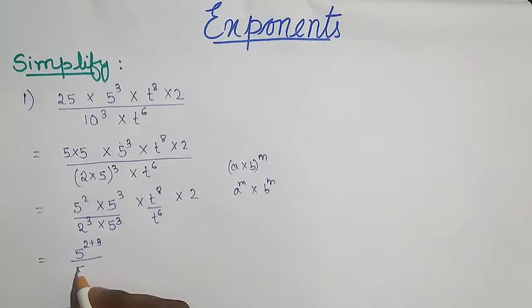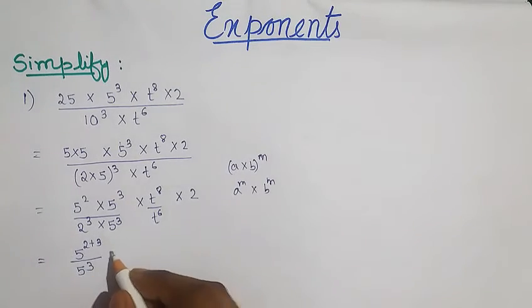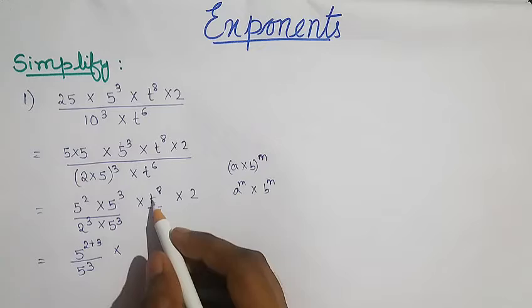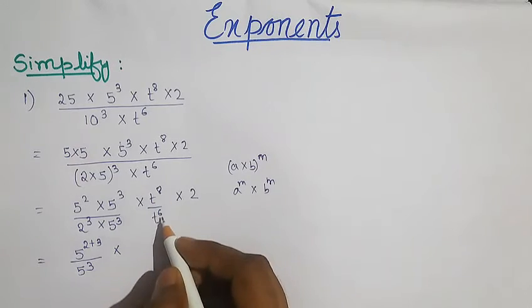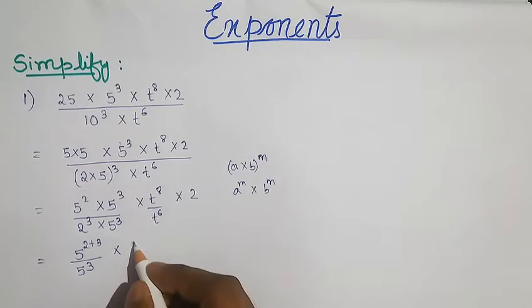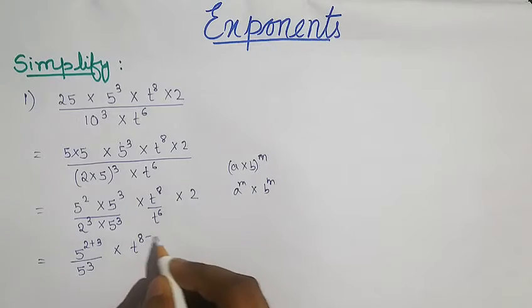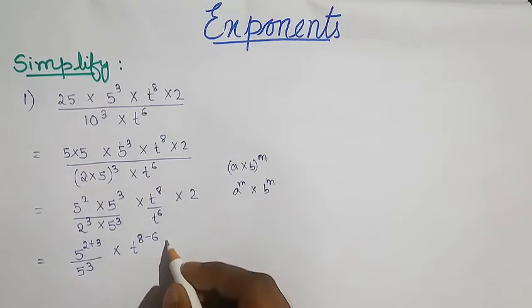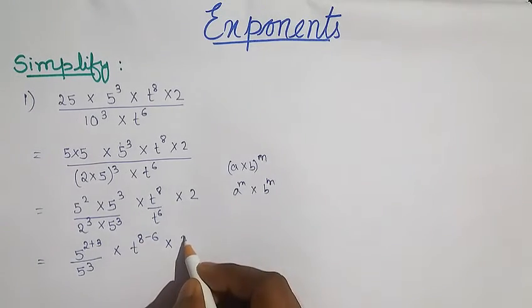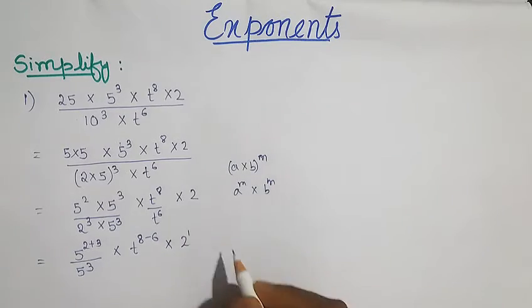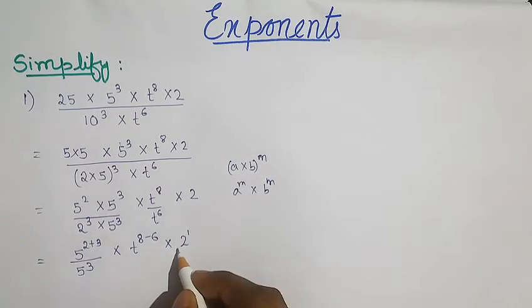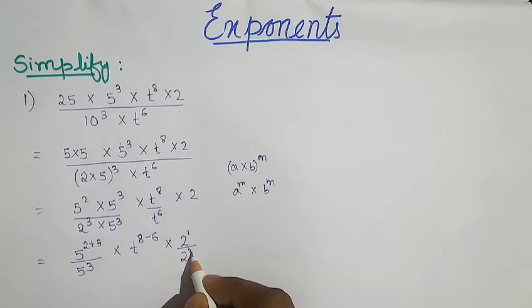Now we can write this 5 raised to the power 3 over here. Now they are the same base t, and the powers are different and they are being divided, so this can be written as t raised to the power 8 minus 6, into, now we can see it has 2 raised to the power 1 and this 2 raised to the power 3 can be written over here.